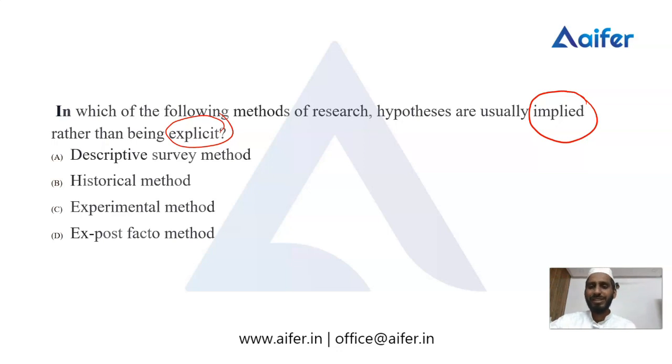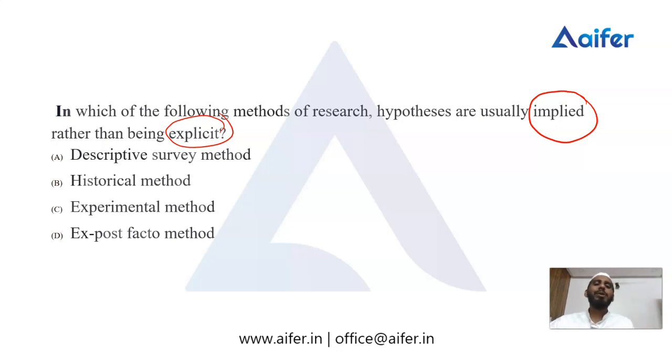So let's see what the options are here. First one is descriptive survey method, then historical method, experimental method, and ex post facto method. Here just look at these types: descriptive survey method, experimental method, and ex post facto method. These three methods come under quantitative research.